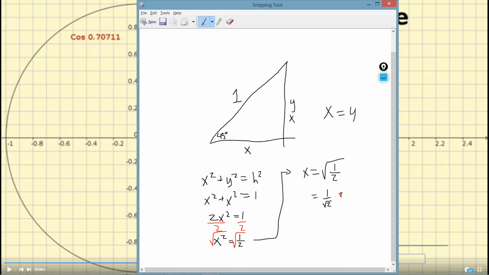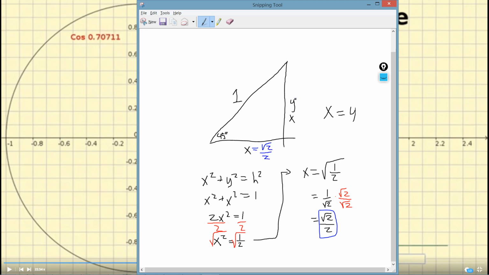So multiply this by root 2 over root 2, which gives us root 2 over root 2 times root 2 is 2. So, let's get some blue going on here. This is root 2 over 2.